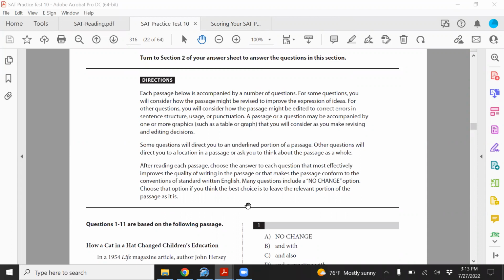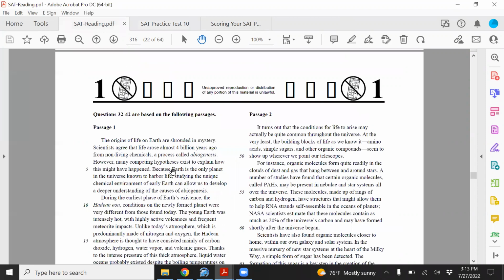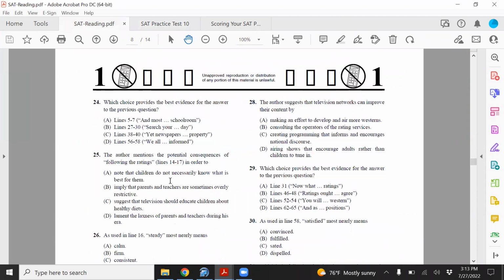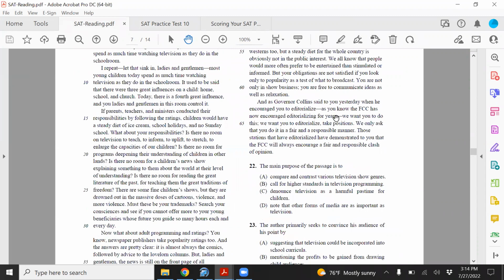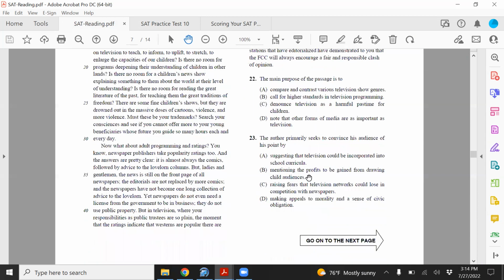So let's look at the writing and language. And sorry for not recording, for those who want to watch this recording. We did go over 22 to 31, and we did talk about how 28 and 29 were kind of tough questions. Those are C and D, because they talked about how it's okay to editorialize. It should be encouraged to state opinions or take positions, and you've got to do so fairly and responsibly.